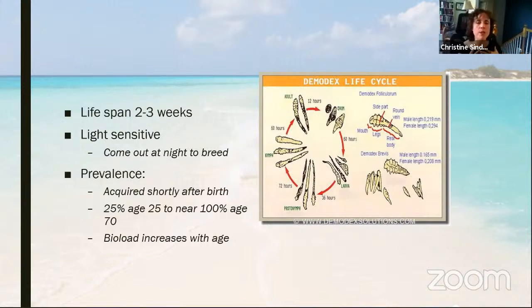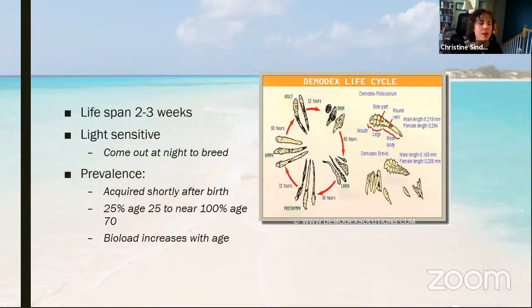Our bioburden on our bodies, our bioload all over us, our skin, our face, everywhere, we have an increased bioburden as we get older. And Demodex happens to be one of those things. Demodex in and of itself, when you have a few Demodex here or there, is not a problem. It's that increased bioburden that actually ends up being the problem for our patients.